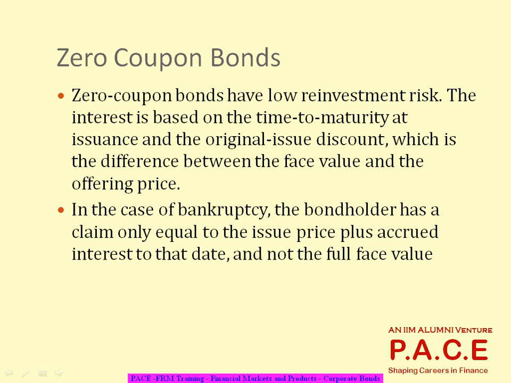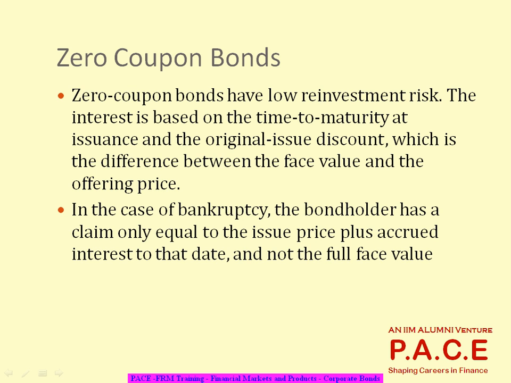In the case of a zero coupon bond, nothing comes in the middle, everything is only on maturity. So there is no question of reinvestment. Reinvestment risk will come into the picture only if there are intermediate payments that I am not able to reinvest properly because the interest rates are not comfortable. That is the reinvestment risk.